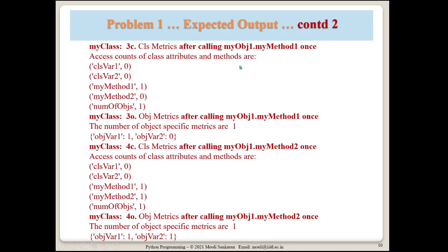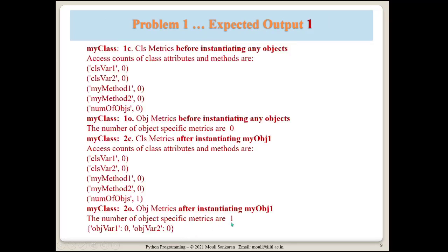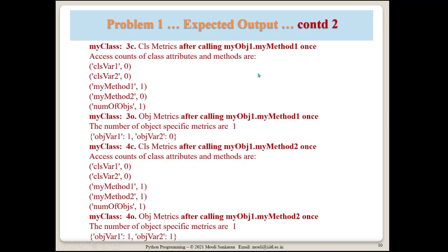Now, after calling my method 1, I access it once here. Remember, you can change it a little bit, in case you want to maintain the metrics at the init level, that's okay. But this is the expected output. Only when you call my method 1, if you are accessing the object variable using my method 1, I want you to say that it is incremented, accessed once, because I am calling method 1 here.